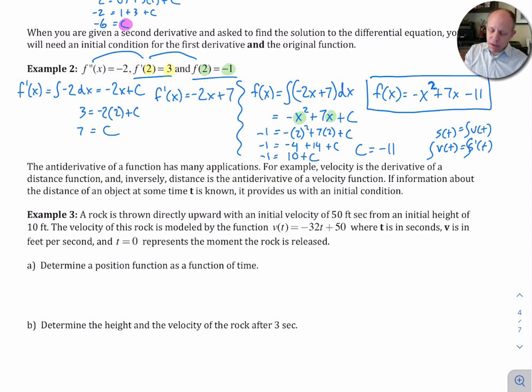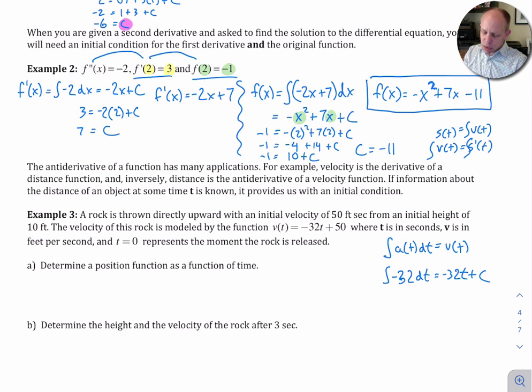Well, it turns out that velocity function is also found using an antiderivative. So the antiderivative of acceleration is going to be velocity. So in this case, we know acceleration due to gravity is negative 32 feet per second squared. So check this out, negative 32 dt. That antiderivative will be negative 32t plus c.